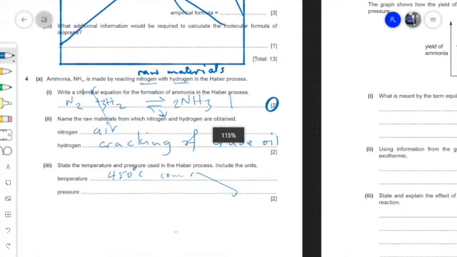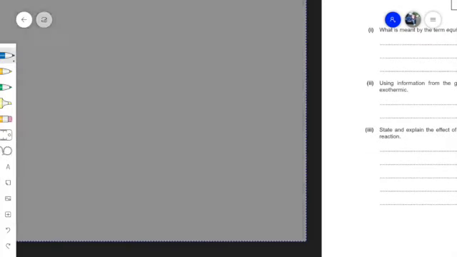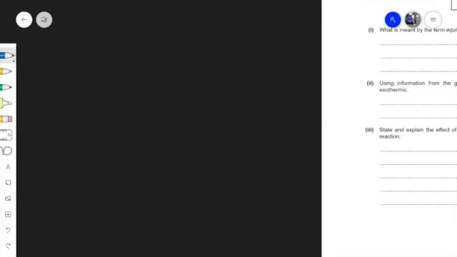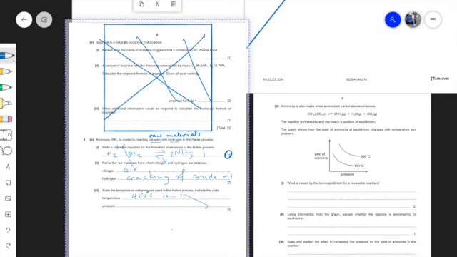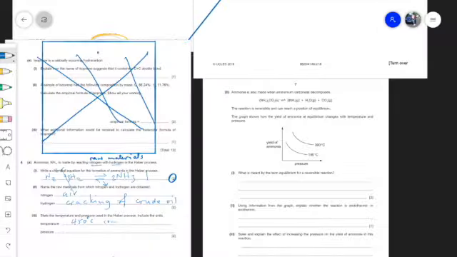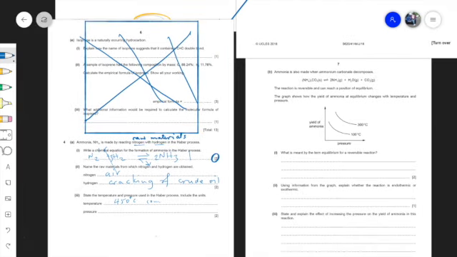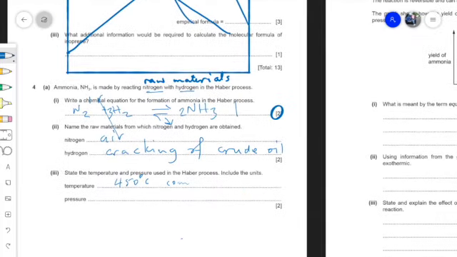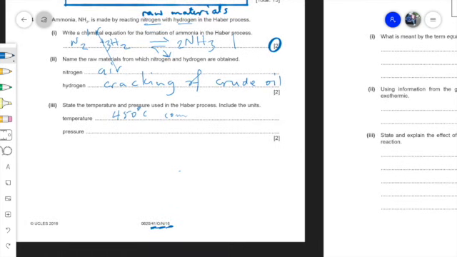If we make the temperature too high, we might have a problem.